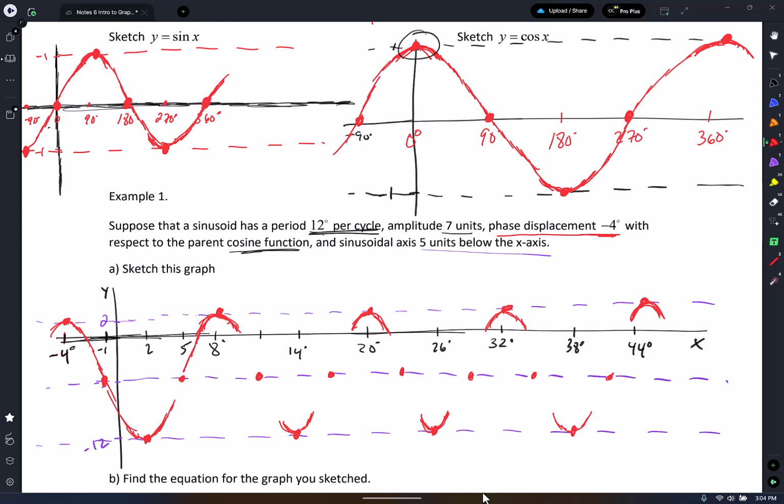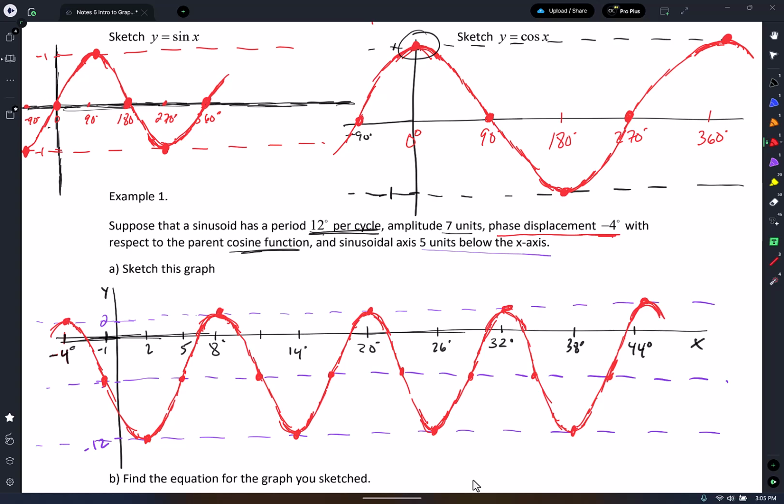We're not looking for perfection, just more or less. Yeah, that's not bad. How do you feel? You feel okay?